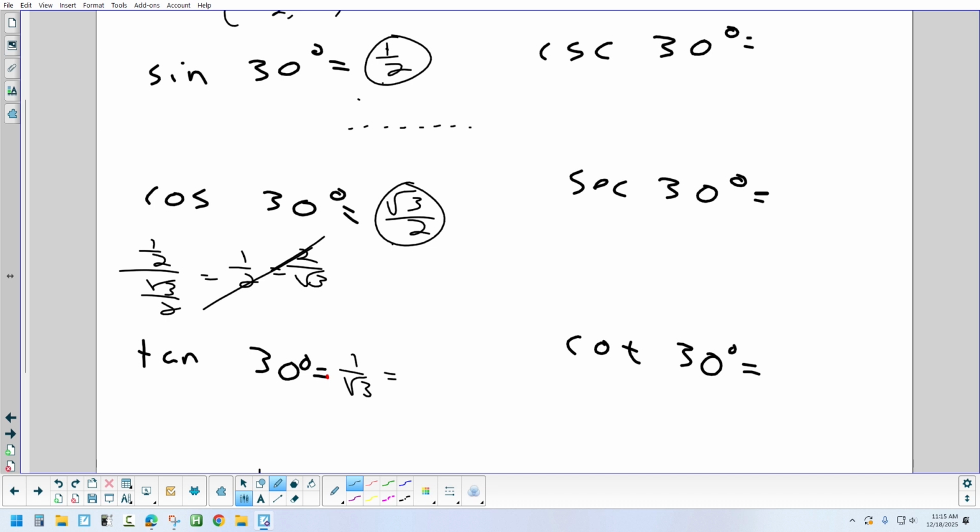Didn't you multiply by square root 3 over square root 3? Yep. And what do you get when you multiply by root 3 over root 3? You get root 3 over 3. Yes. And there's your tangent, root 3 over 3.